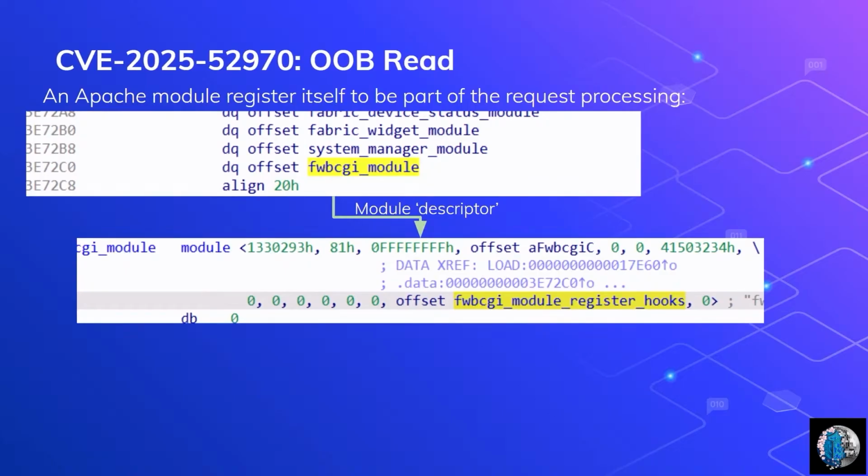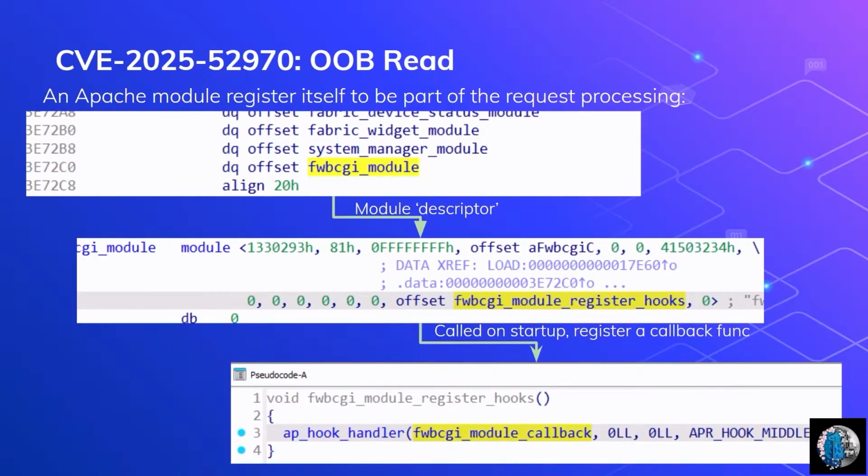And one of the fields inside that structure, as you can see in the yellow part, is the FortiWeb CGI module register hooks. This is a function pointer pointing to a function that, as the name suggests, registers a hook. And it's called once on startup by Apache.